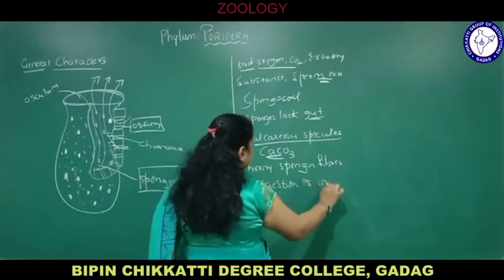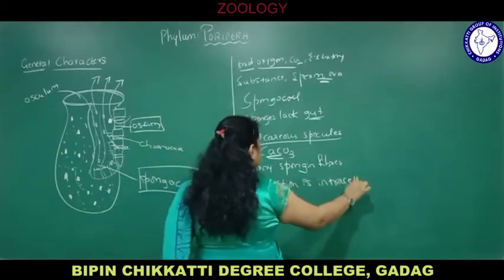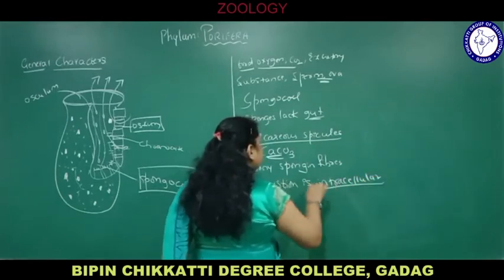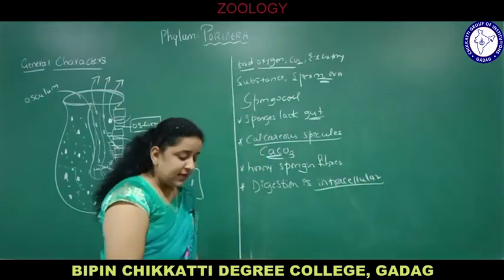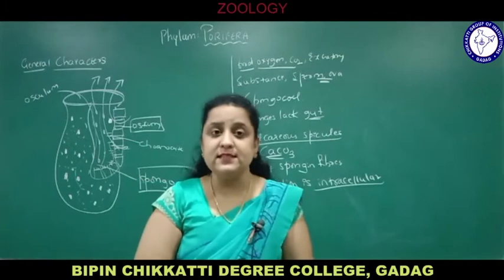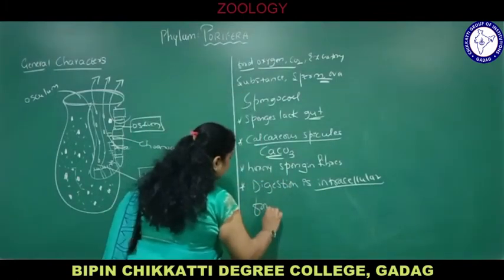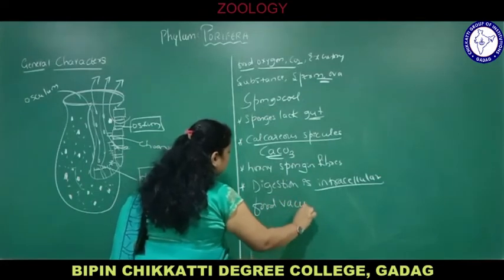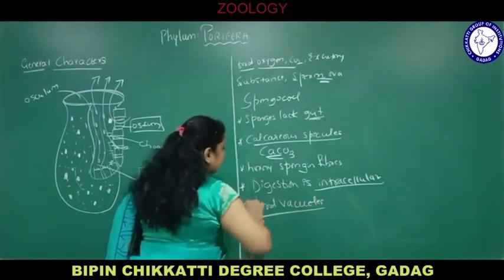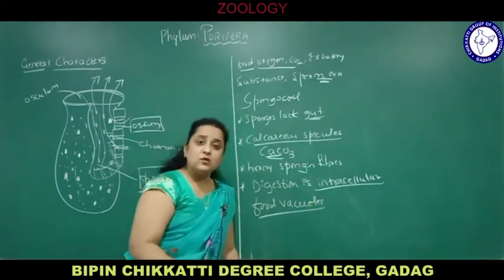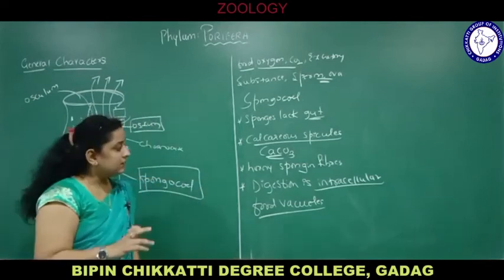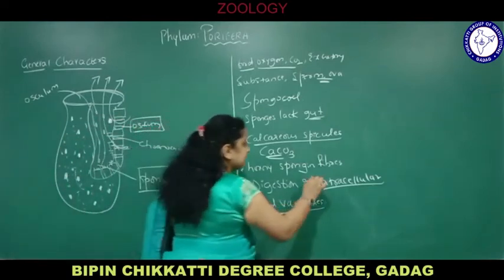Now, what do you mean by intracellular and extracellular? Digestion is intracellular, which means it takes place inside the cell with the help of food vacuoles. Extracellular means outside the cell but inside the body. But here intracellular means inside the cell itself.